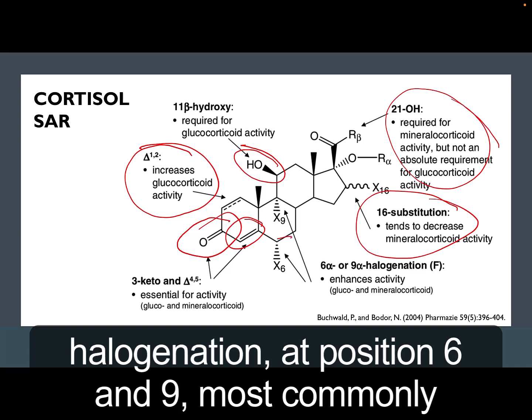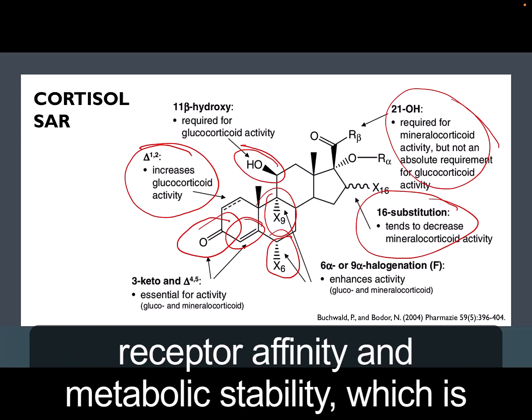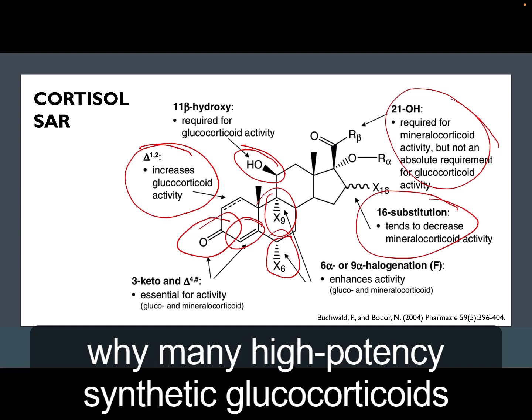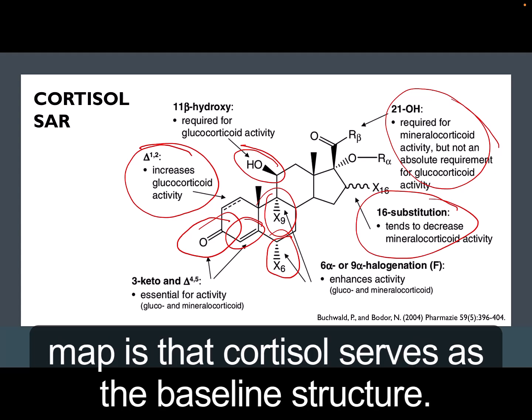Finally, halogenation at positions 6 and 9, most commonly fluorination, enhances overall activity. Fluorine increases receptor affinity and metabolic stability, which is why many high-potency synthetic glucocorticoids include a fluorine atom. The takeaway from this SAR map is that cortisol serves as the baseline structure.